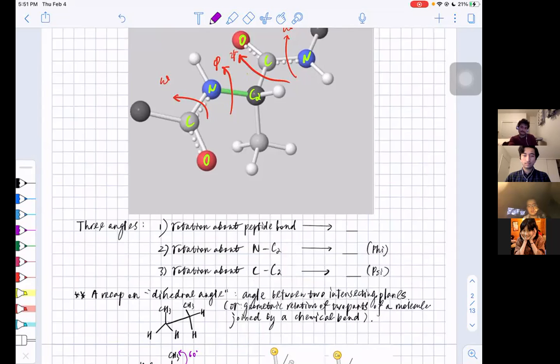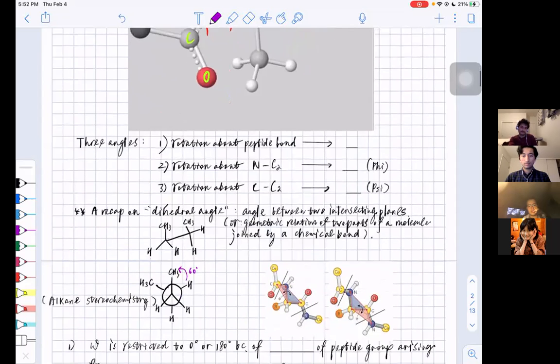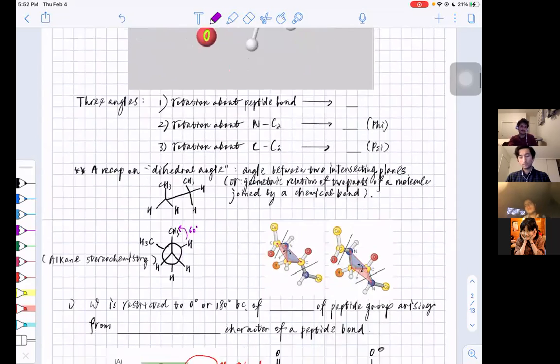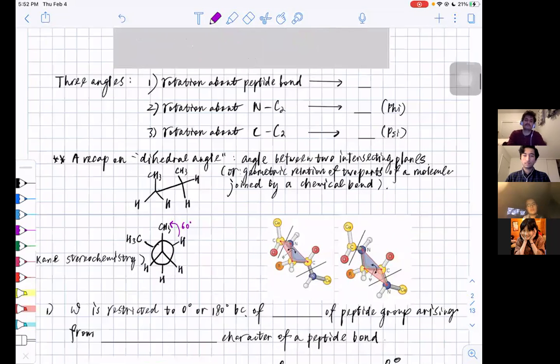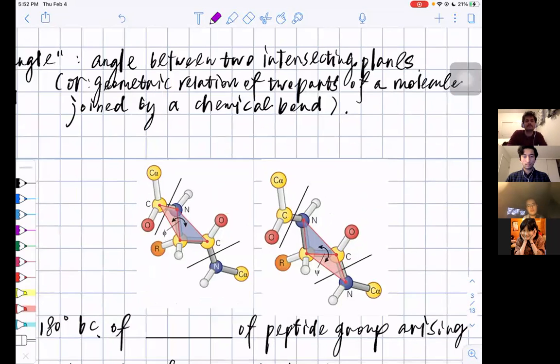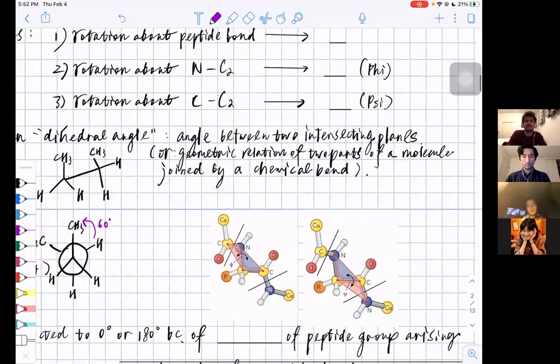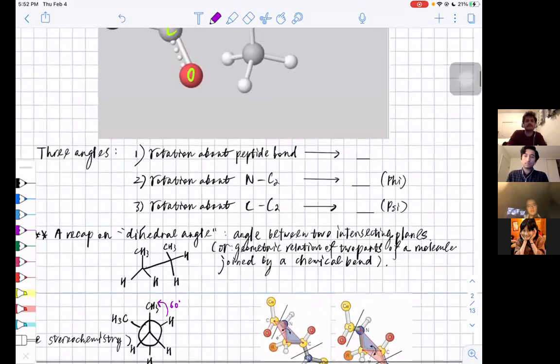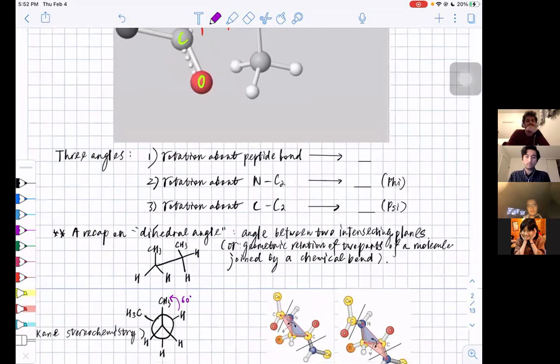If you're familiar with OChem, you can understand it from a Newman projection point of view, or you can refer to a textbook and see what those angles are. So now, because of the rotation, we have three angles. The rotation about the peptide bond gives us omega. The rotation about the amide nitrogen alpha carbon gives us phi. And the rotation about the alpha carbon carbonyl carbon gives us psi.